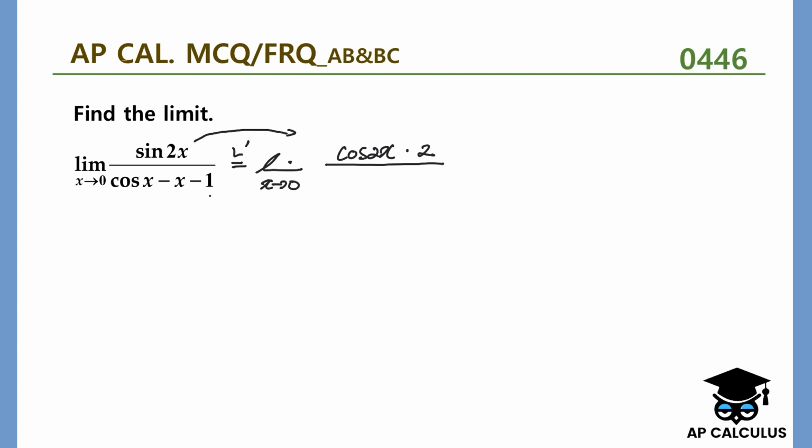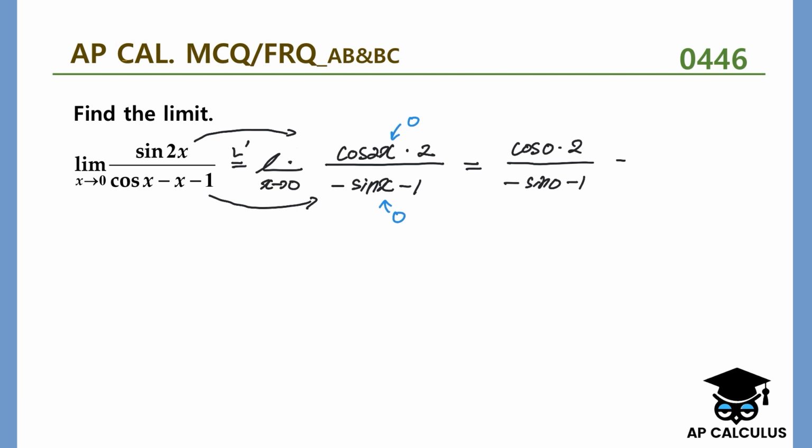The derivative of the denominator: derivative of cosine is minus sine, and minus x gives minus 1, and the derivative of minus 1 is 0. Now substitute 0 for x. That's going to be equal to cosine 0 times 2 over minus sine 0 minus 1.